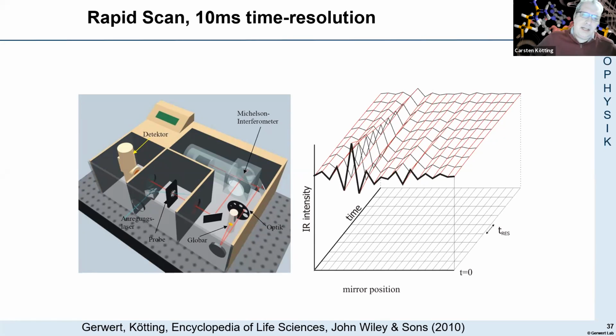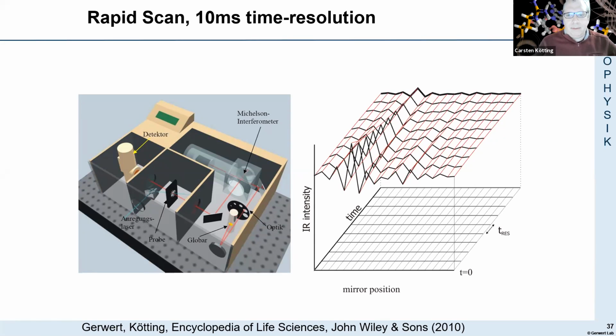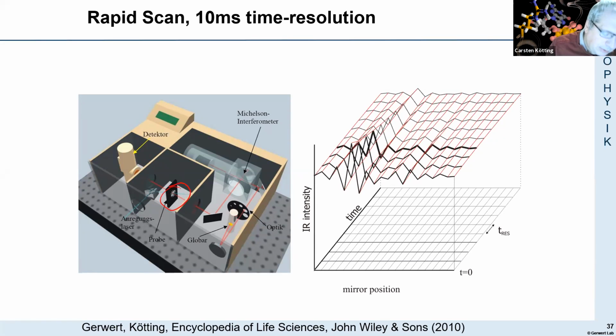You will have time resolutions of about 50 milliseconds, 100 milliseconds, but in principle, the technique can give you 10 milliseconds time resolution if you have 6 wavenumbers resolution. Our sample is then here in the spectrometer, the protein solution in a buffer with high concentration. And we can irradiate this with light to start our reaction.